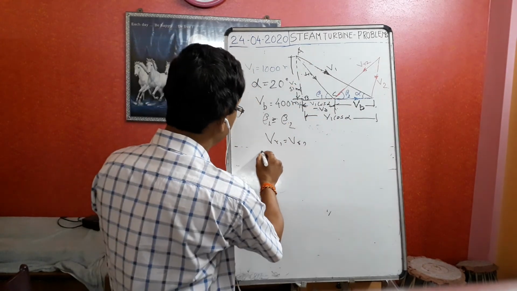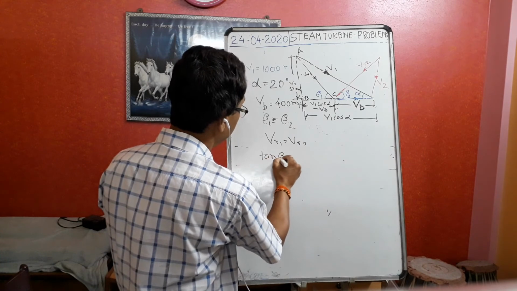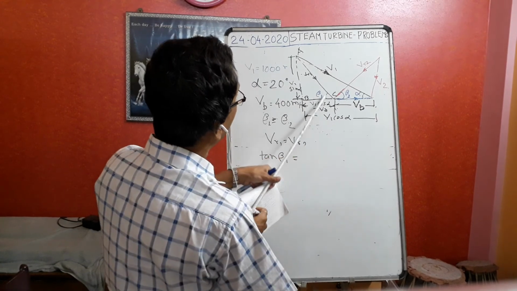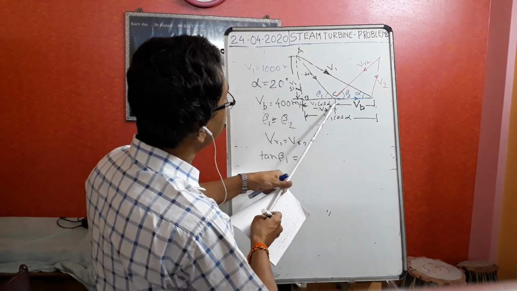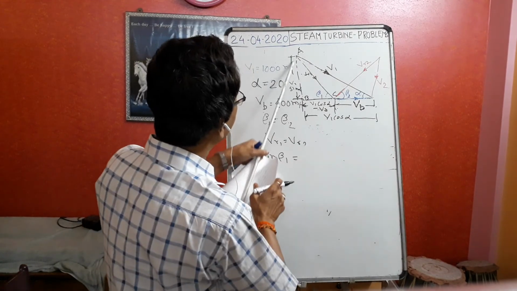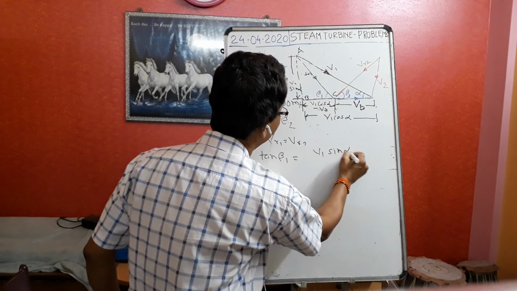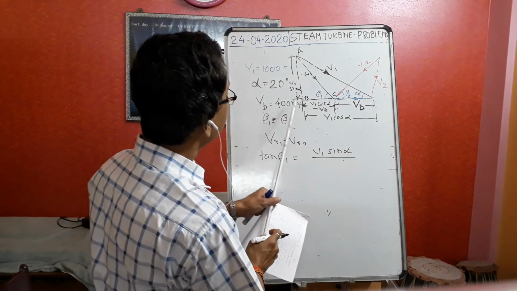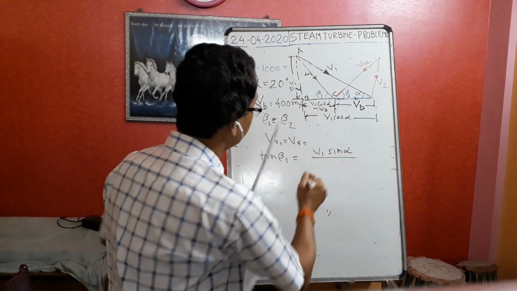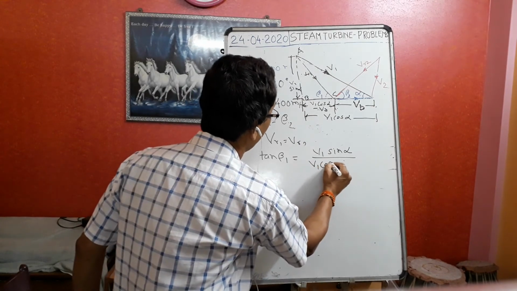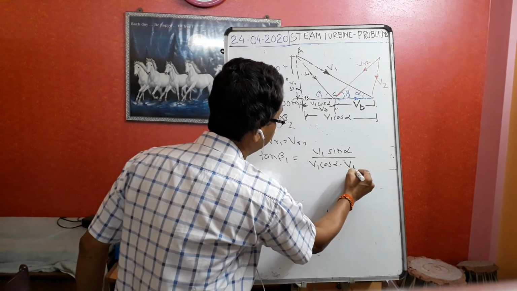Tan beta 1 is equal to AB by BC. AB is equal to V1 sin alpha. BC is V1 cos alpha minus VB.